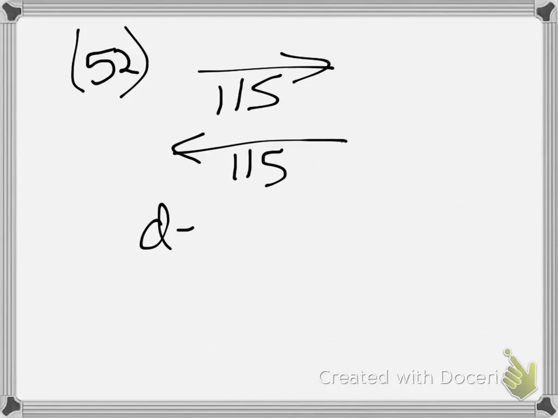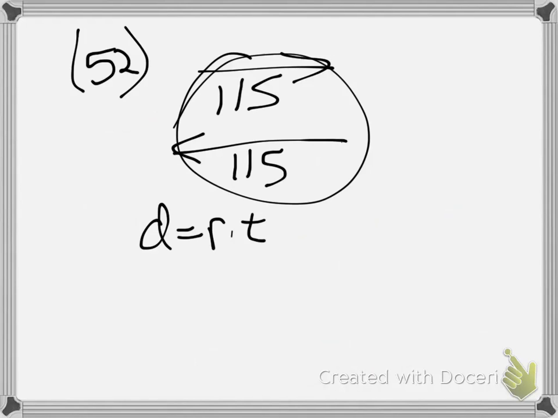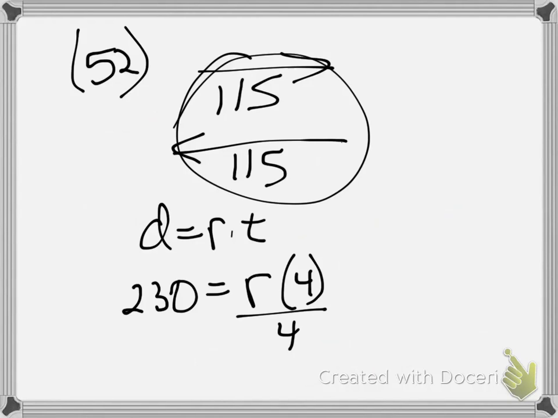So if you use distance equals rate times time, my distance is 230. My rate, I don't know, but my time is 4. So I'm going to divide by 4 on both sides.